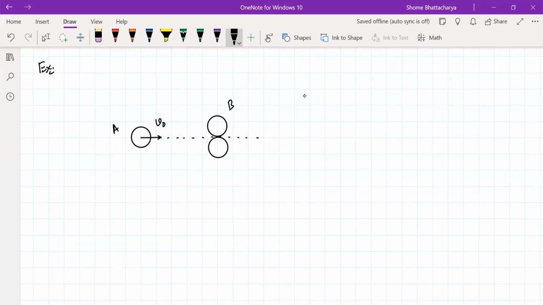A, B, and C are identical spheres, let's say, on a smooth horizontal surface.